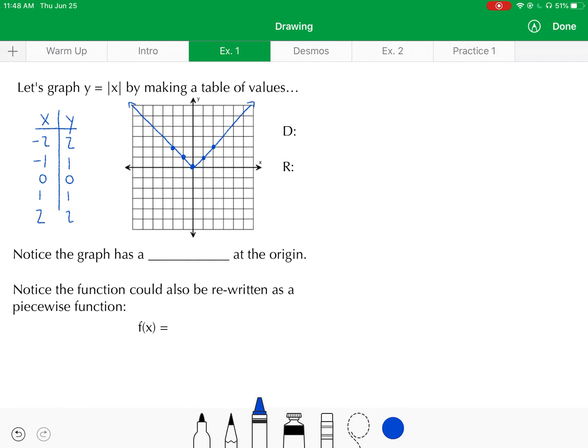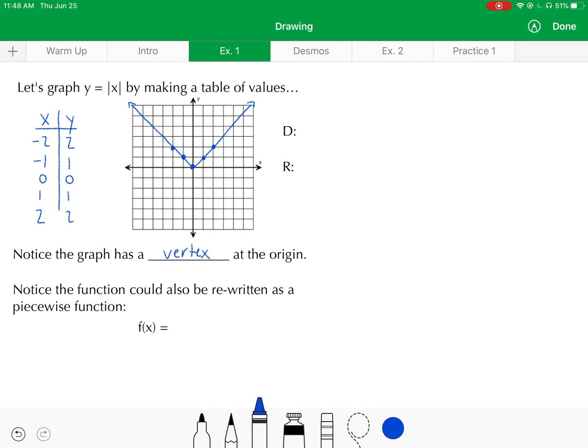So absolute value graphs are functions. And the graph has a vertex associated with it, in this case at the origin. And there is symmetry in the graph across the y-axis that's passing through that origin or through that vertex.